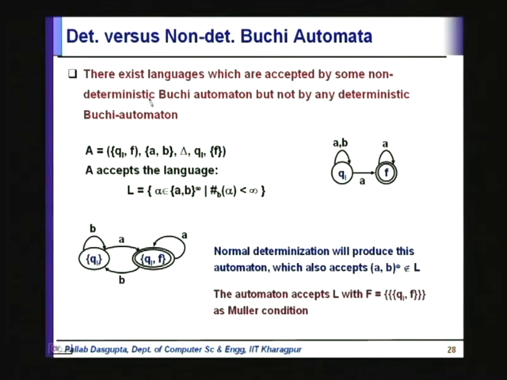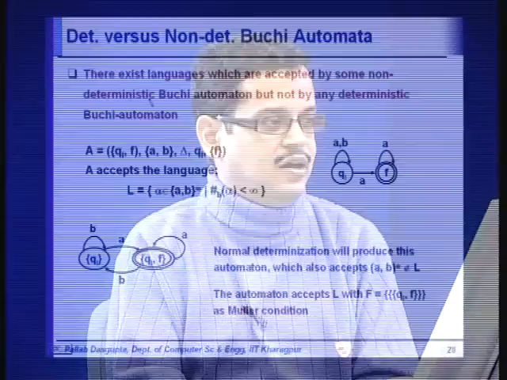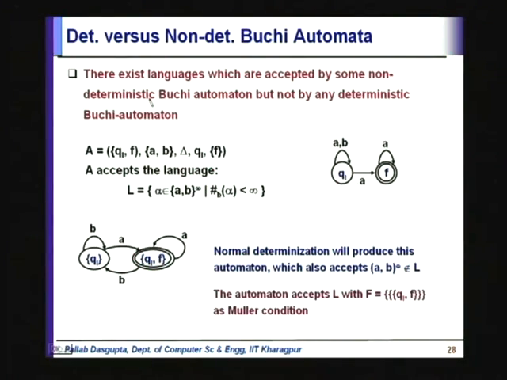In other words, any language accepted by a non-deterministic finite state machine is also accepted by a deterministic finite state machine, and we have a very clear-cut algorithm for determinization of the non-deterministic automaton. Now, that is not the case for Büchi automata, which is a major difference.